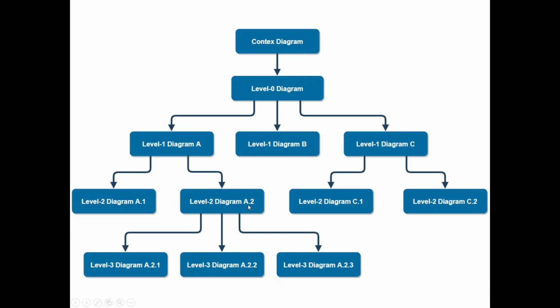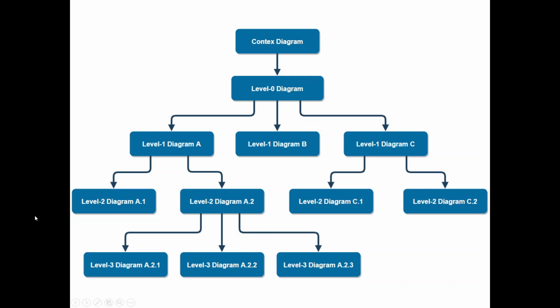And this A.2 is decomposed into 3 level 3 diagrams, A.2.1, A.2.2, and A.2.3. And finally, level 1 diagram C is decomposed into level 2 diagrams C.1 and C.2.